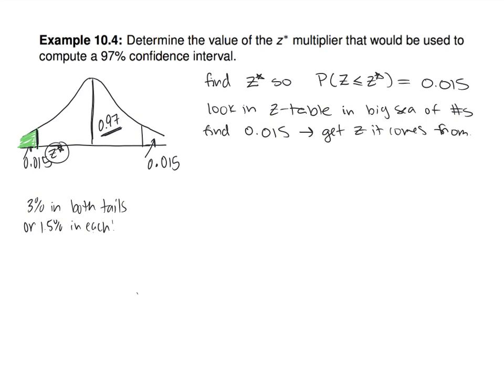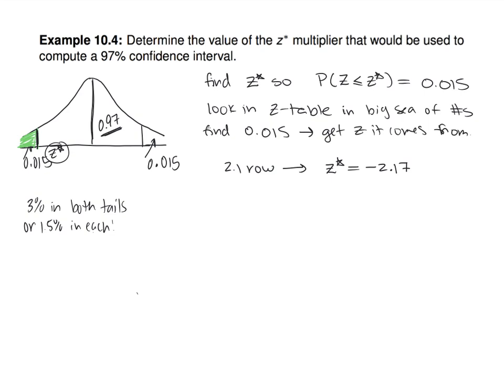Go across that negative 2.1 row, and notice that when you get to 0.07, you see 0.015. So the z star we're looking for is negative 2.17.